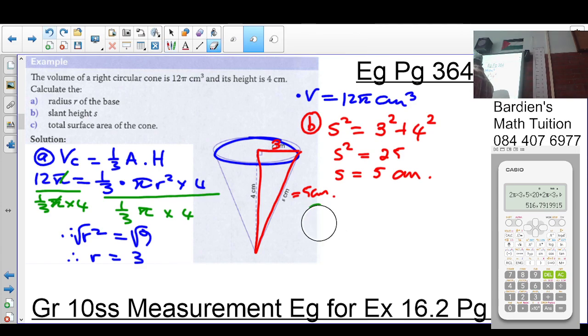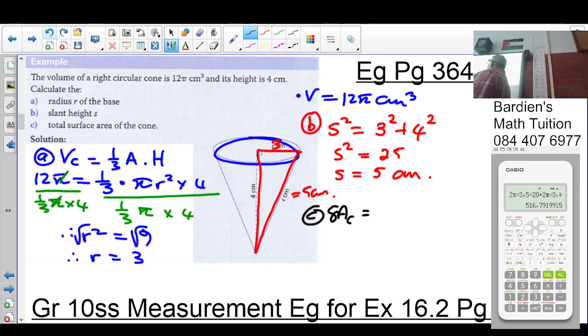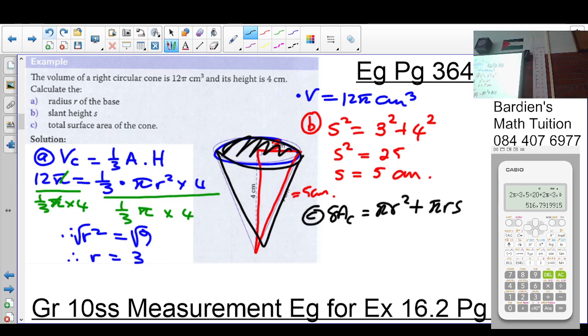As you can see, the surface area of the cone. How do you calculate the surface area? No, this one is different. The area of the base, which is pi r squared, plus pi r s, the lateral section of that.